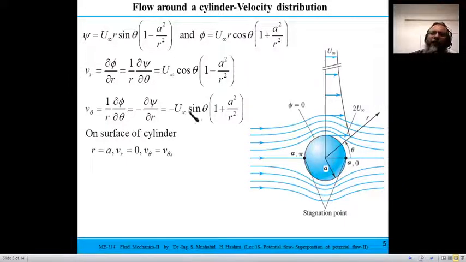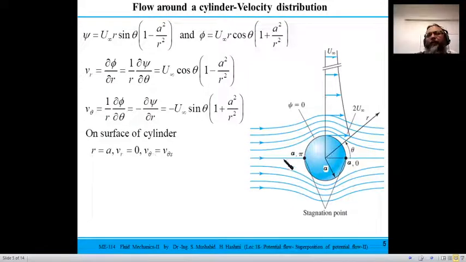So we say on the surface of that cylinder, when your radius equals a, the radial component of the velocity is zero, because there is no radial component of the velocity at both locations, the so-called stagnation points, since there is no flow coming outward or inward.